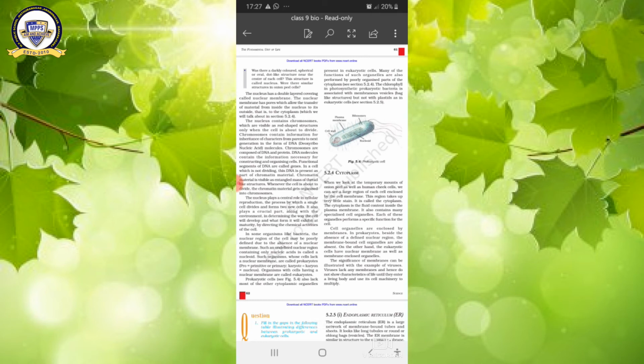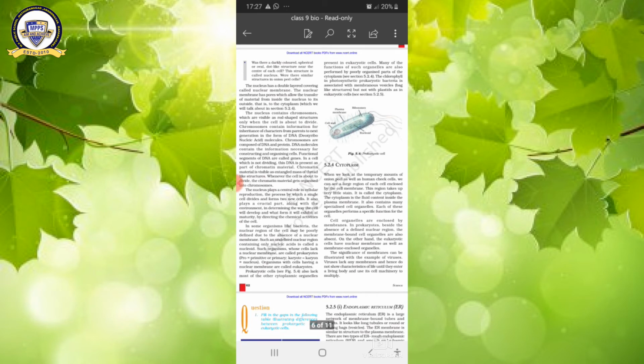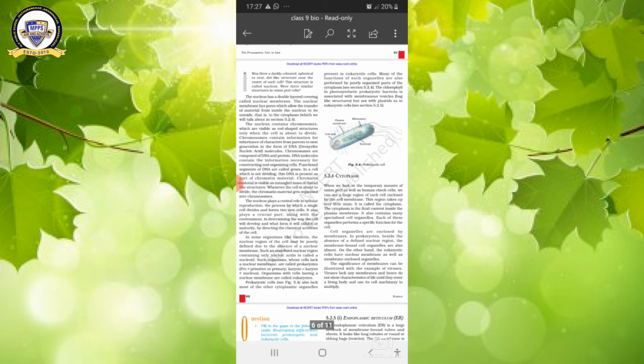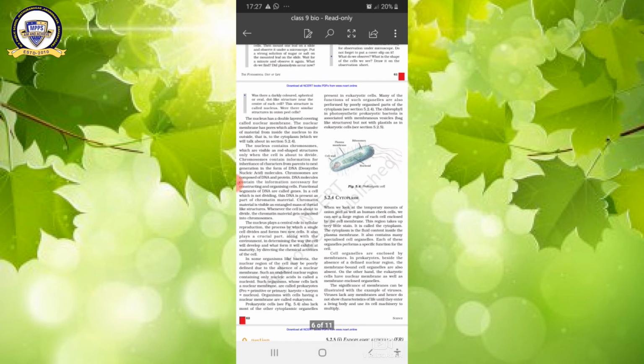So, what is the difference between prokaryotes and eukaryotes? Prokaryotes are those that do not have a nuclear membrane, and eukaryotes are those that have a nuclear membrane. Prokaryote cells also lack most of the other cytoplasmic organelles present in eukaryotes.